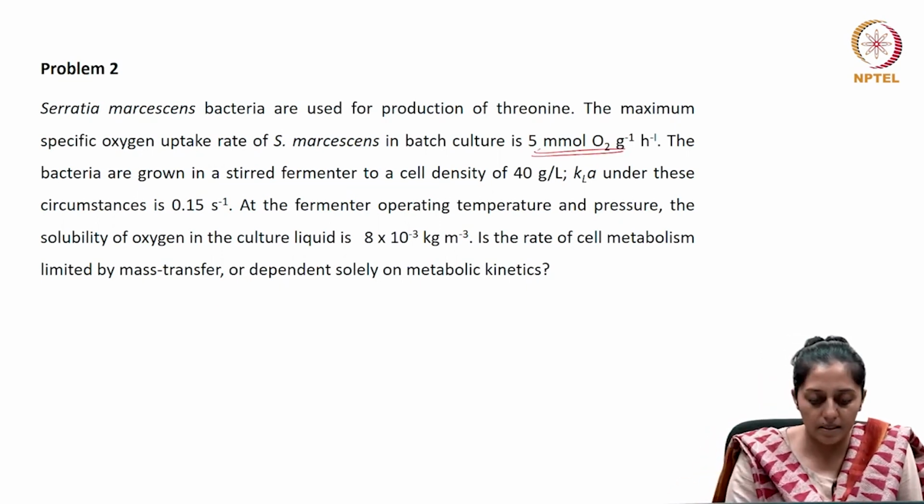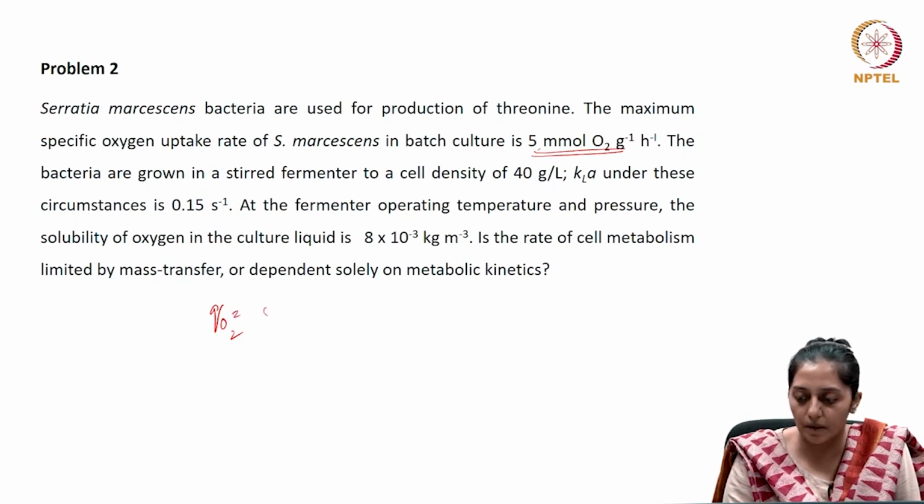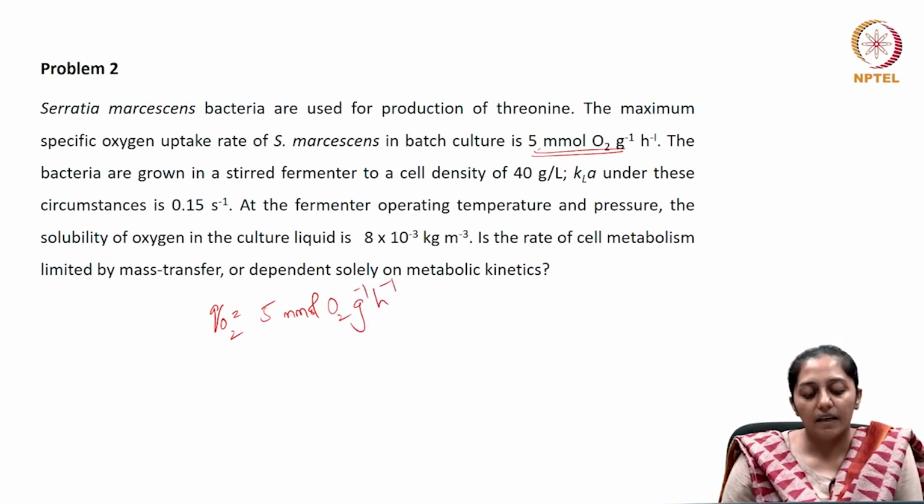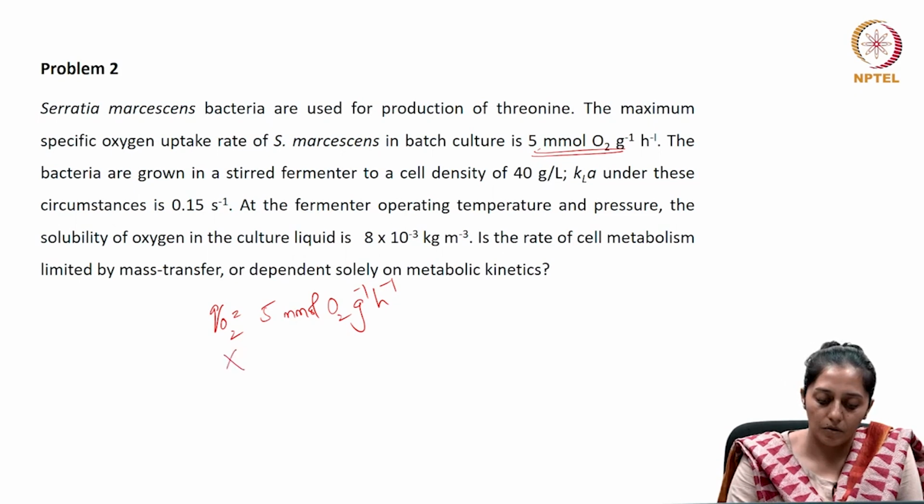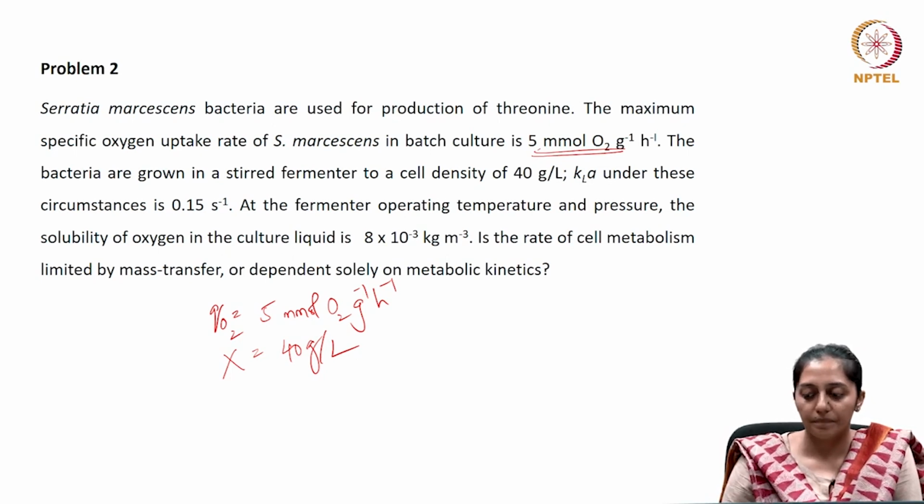So, this is nothing but our QO2, the specific oxygen demand of the culture. The bacteria are grown in a stirred fermenter to a cell density of 40 grams per liter. So, we know that the biomass concentration to be achieved is 40 grams per liter.